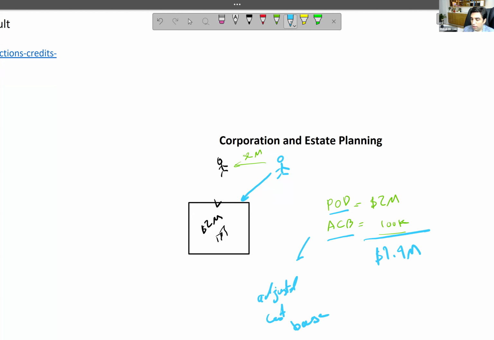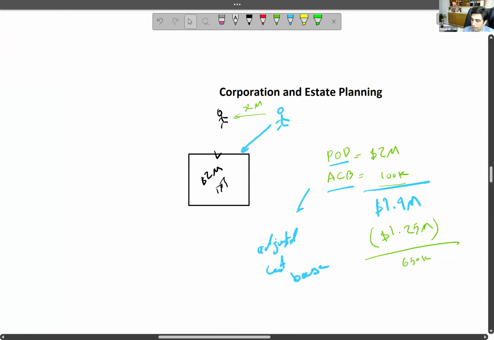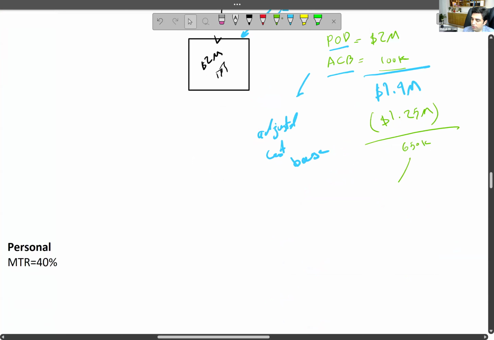So if you sell these shares, $1.25 million of this is not taxable. It's going to be tax-free. So only $650,000 of the capital gain is taxable. Now, half of it is taxable, another half is not taxable.